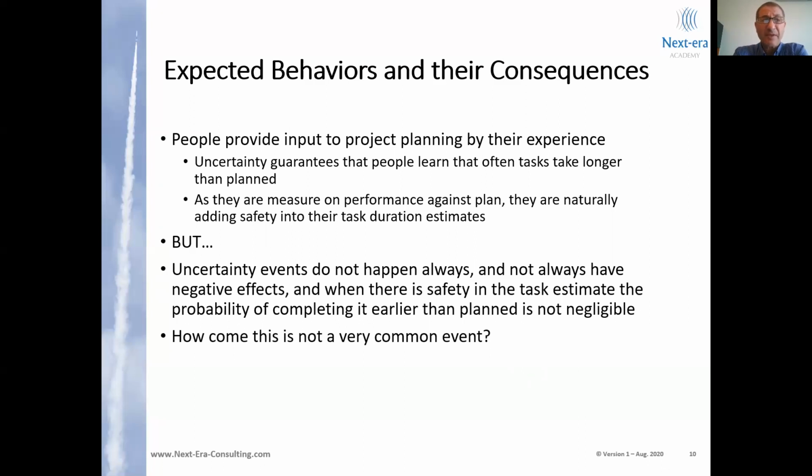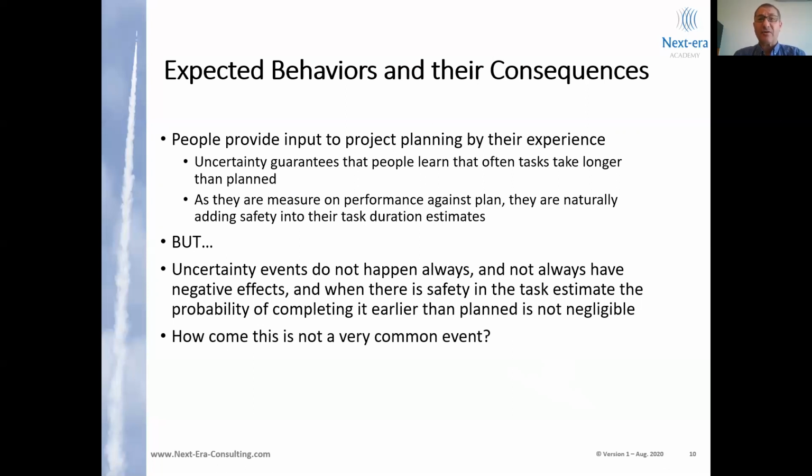So naturally, people, when asked how much time they need to complete a task, will have some level of safety added into their duration estimate. Not necessarily something they are totally aware of, but it is common for them to believe that the duration they provided is a duration that is likely to be possible. So they would not provide a duration estimate that they believe has very little probability of success.